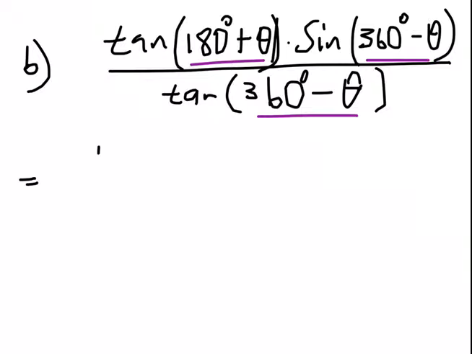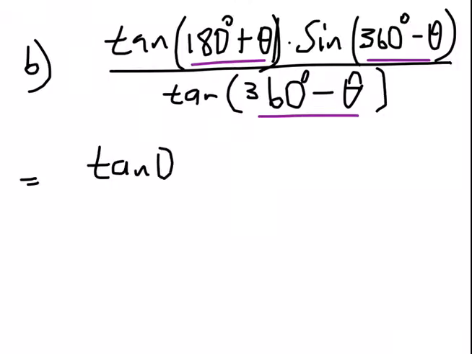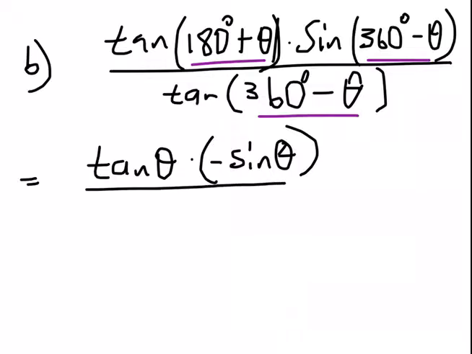So definitely this one will be positive tan of the angle. Then you will be multiplying it by... if it is negative, always put it inside the brackets so that it doesn't confuse you to be a minus. Put it inside the brackets as a negative angle.